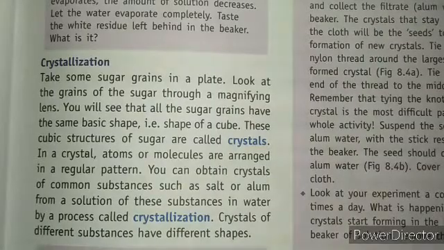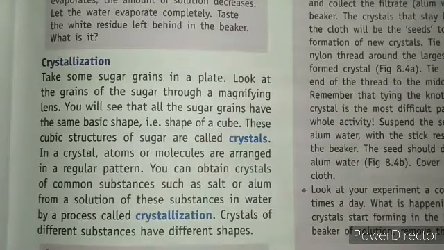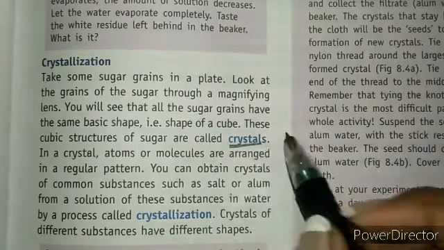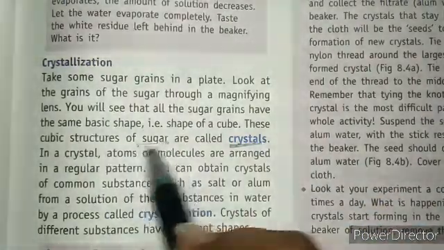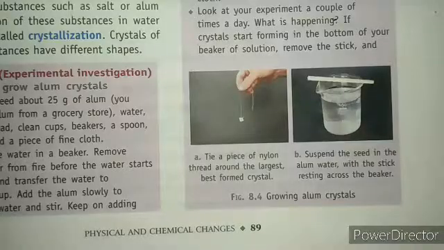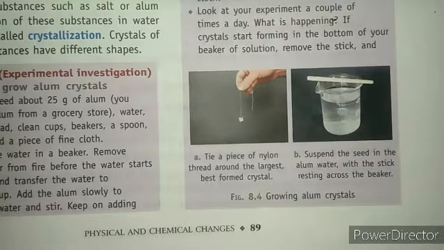Another one we have is crystallization. So basically it is the formation of crystals when something is dissolved in water. For example, sugar grains are also crystals. So look at this activity for crystallization. How does it happen? First of all you need to take some alum and add it to lukewarm water.